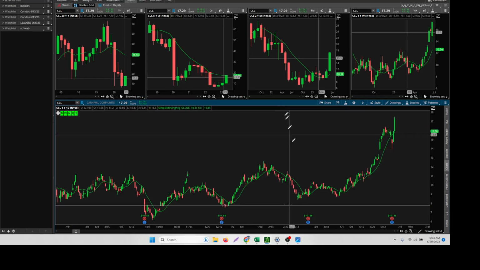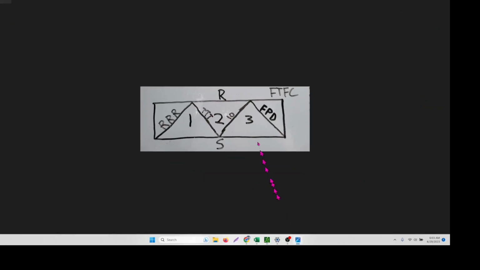Now, going back to my logo here, I am a big believer in this guy right here, support and resistance. And I will preach this to people until they are just sick of it or until they actually get it. But when you mix all this together right here, I really believe that you are going to become a better trader.